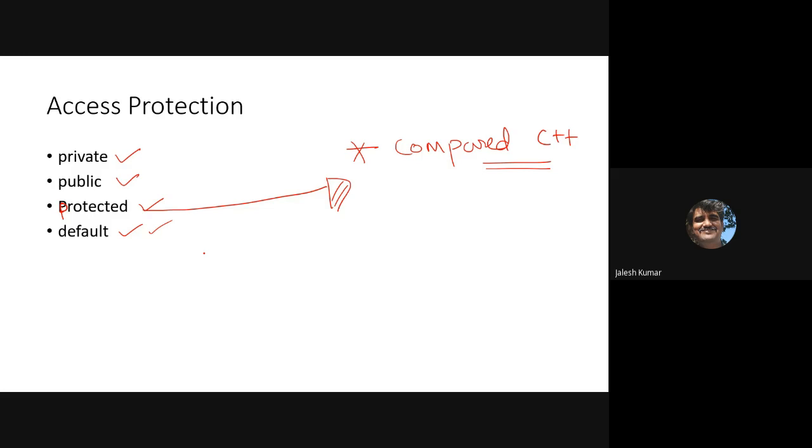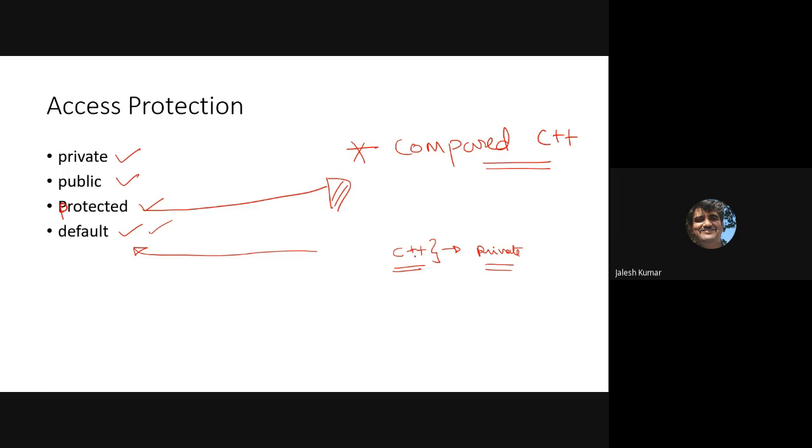Now, at this stage, I just wanted to tell you, here in C++, just the access specifier, I will compare with C++ itself. In C++, by default it is private. If you do not specify anything, it is considered private. Let me see what happens in Java if you do not specify anything.